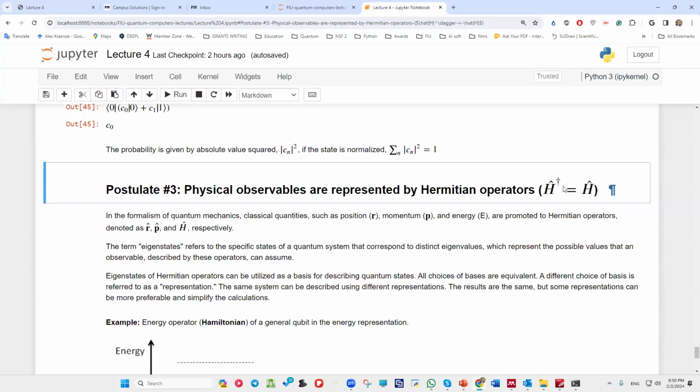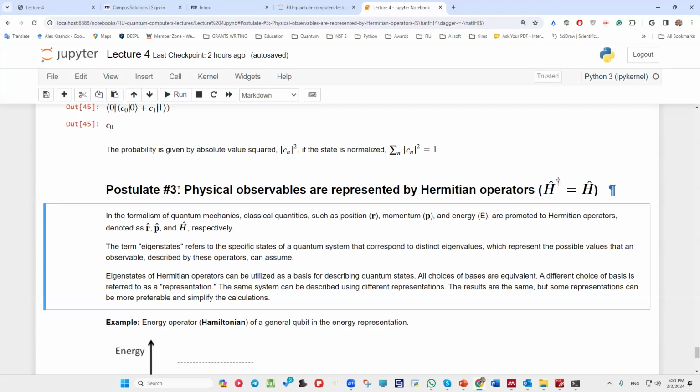You remember last week we discussed a lot about Hermitian operators, and we said that Hermitian operators are operators that remain unchanged upon this dagger operation, this transpose and complex conjugation. So if an operator doesn't change upon the dagger operation or Hermitian conjugation, the operator is said to be Hermitian.